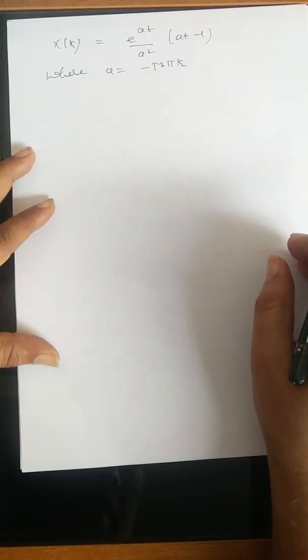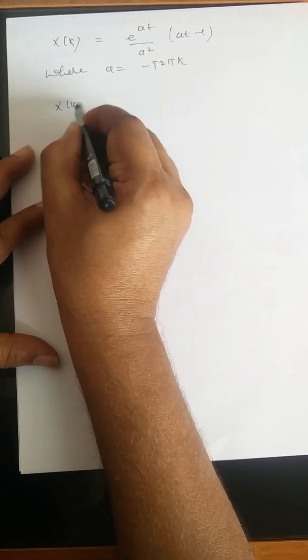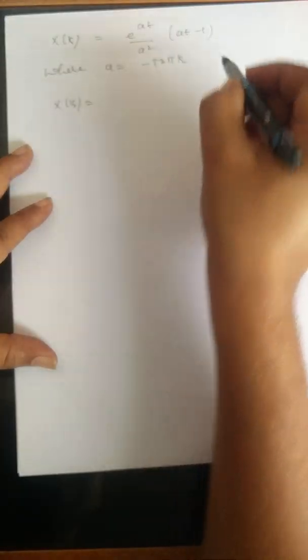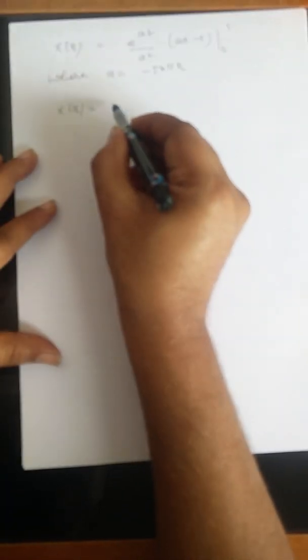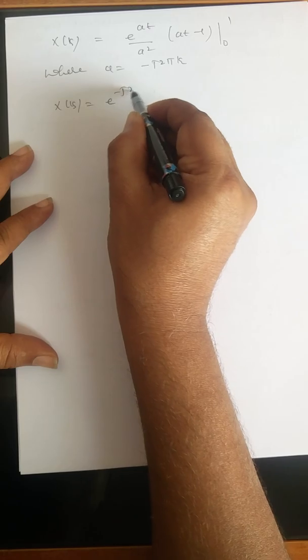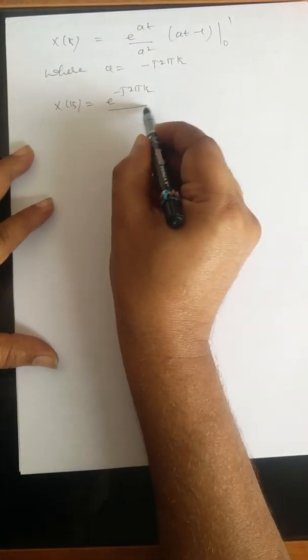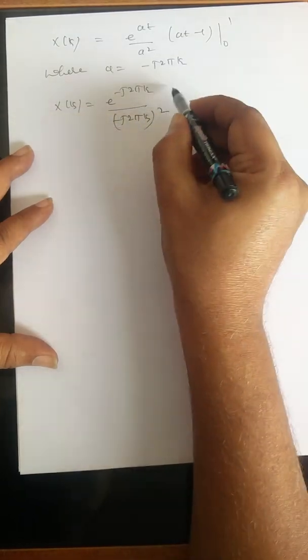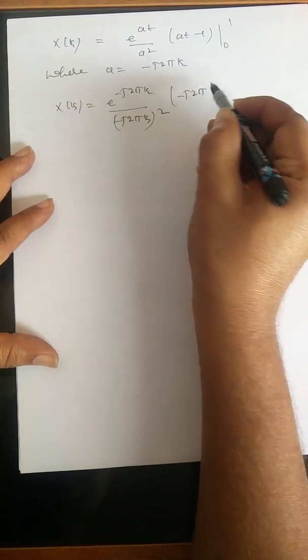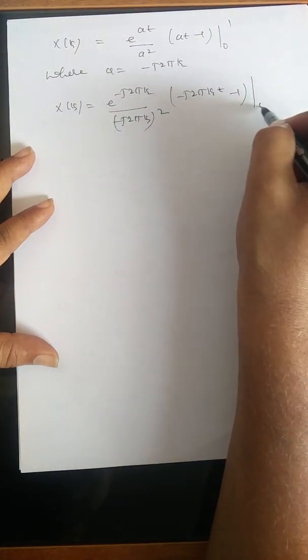When I substitute in that, substituting the limit 0 to 1, you'll get X of k is equal to e to the power of minus j 2 pi k divided by (minus j 2 pi k) whole square, into (minus j 2 pi k into t minus 1). Substitute the limits 0 to 1.